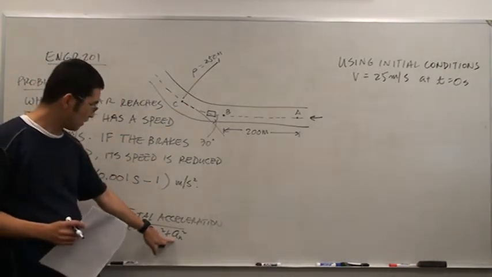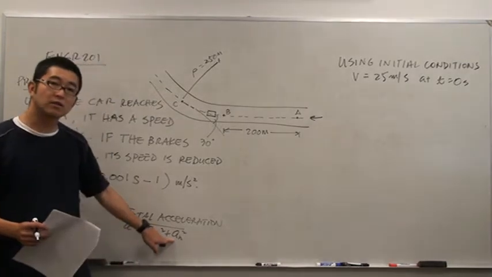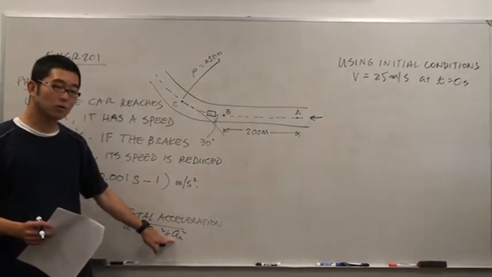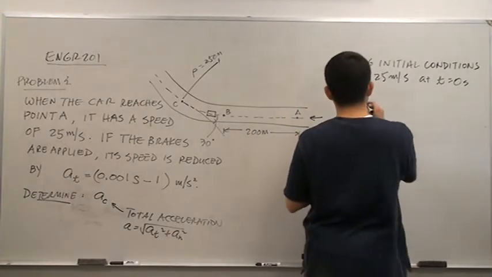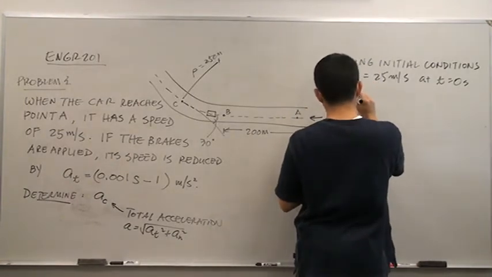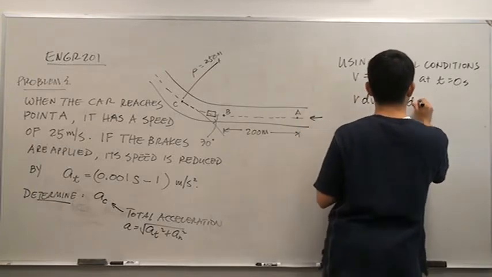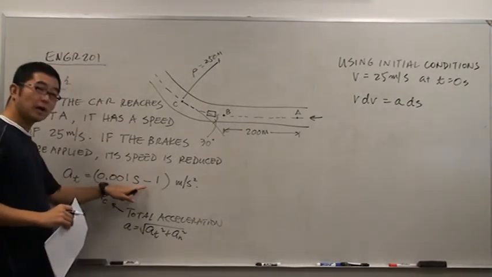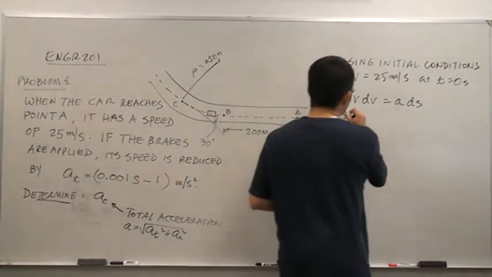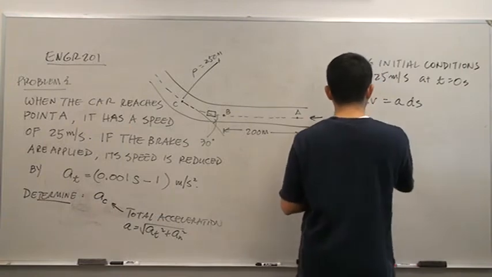Because as you remember, AN is equal to v squared over rho. Okay. So we start from v dv is equal to a ds, as usual, because a is in terms of 0.001 s minus 1. Okay, we'll go to this integration.